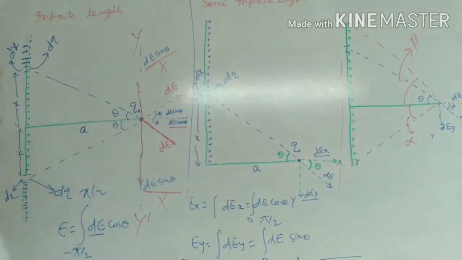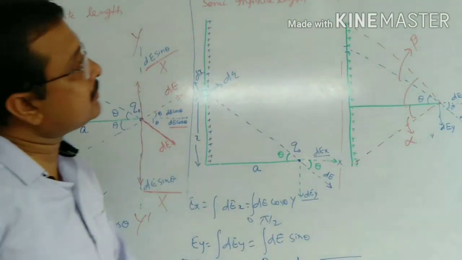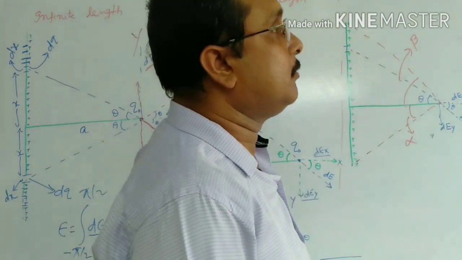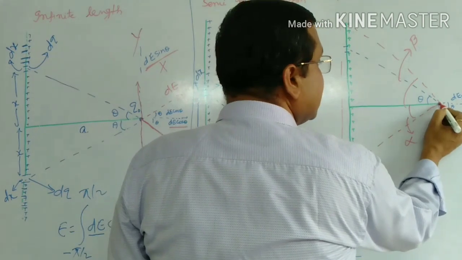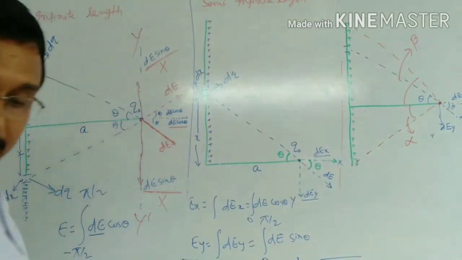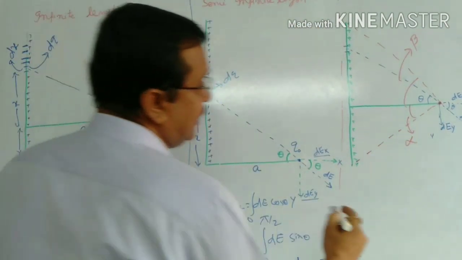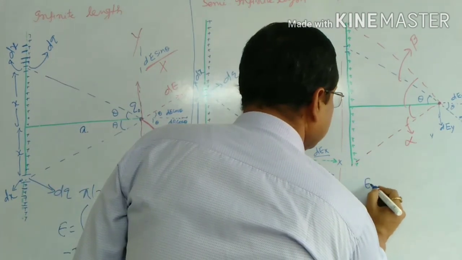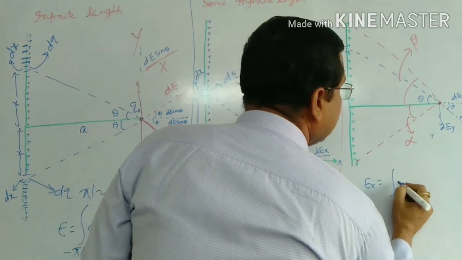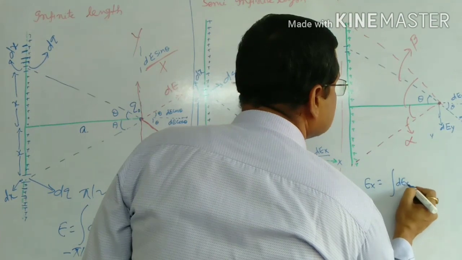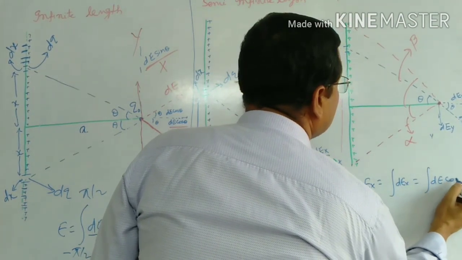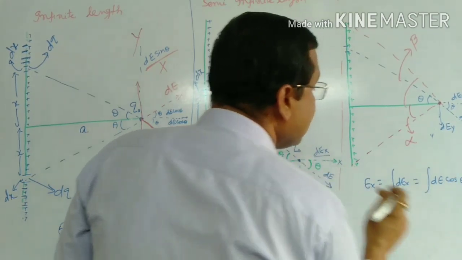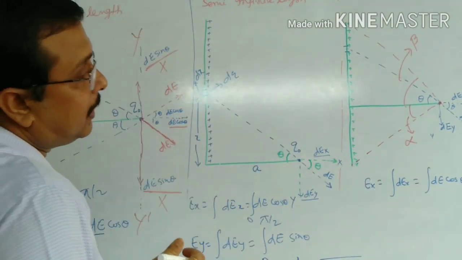So alpha and beta are the angles made by the extremities at the point where we have to calculate the value of electric field. This is simple. Here we also have to calculate Ex. Ex means the integration of dEx, which means integration of dE cos theta, in the same way. From where to where?